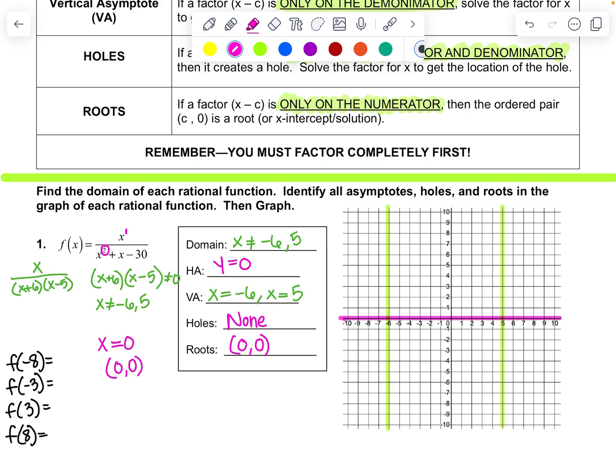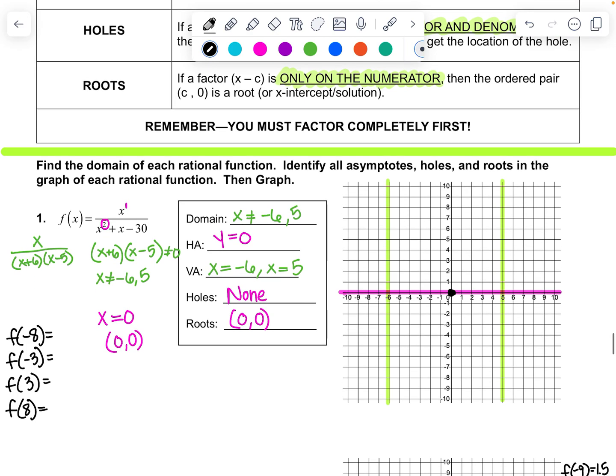Remember, our graph can cross a horizontal asymptote. It just cannot cross a vertical asymptote. I also know that I have a root right here at 0, 0, so I'm going to plot my point 0, 0. Since there are no holes, we don't have to worry about that for this graph. So I know it can be anywhere on this graph except for on those two vertical green lines.